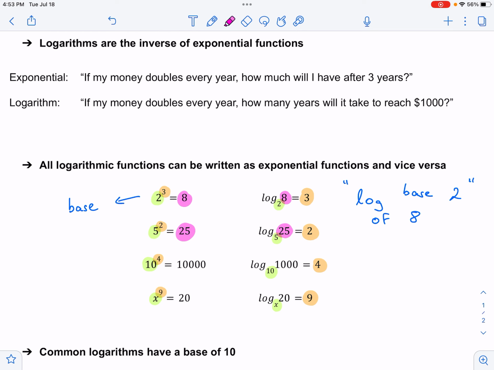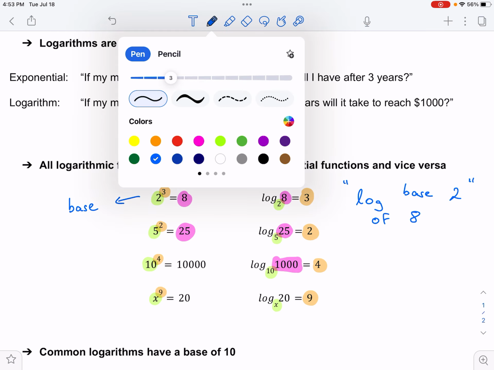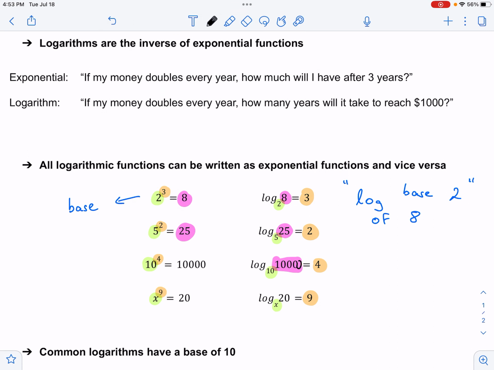The answer is 10,000. What's the exponent that's going to get me there? The answer is 4. And then we can see how it matches up when you've got variables. My base is x, my answer is 20, or my exponent is 9. The last piece of the puzzle is the 20. So you can see how things match up, okay?